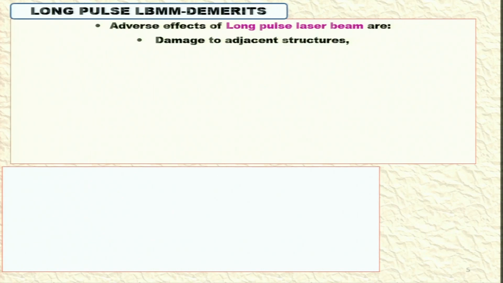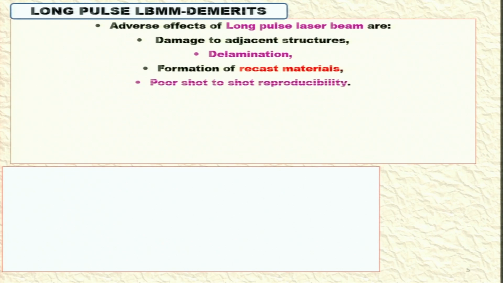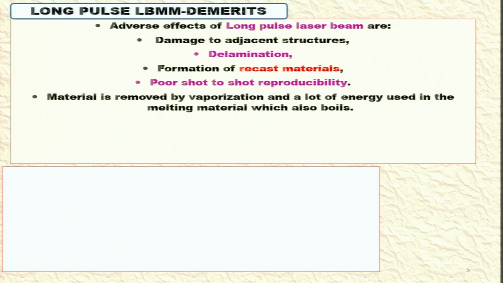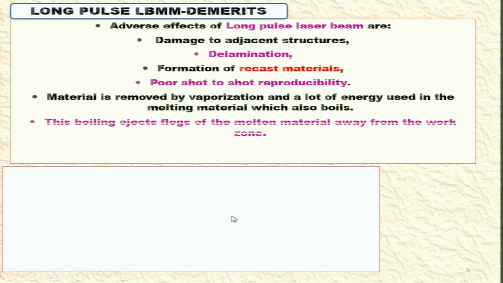Damage to adjacent structures, delamination in case of composite materials, formation of recast layer, poor shot to shot reproducibility. Material is removed by vaporization, and a lot of energy is used in melting material, which also ejects.